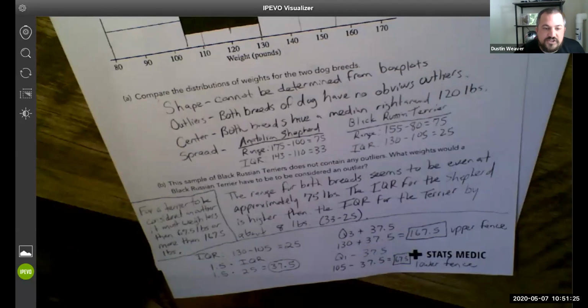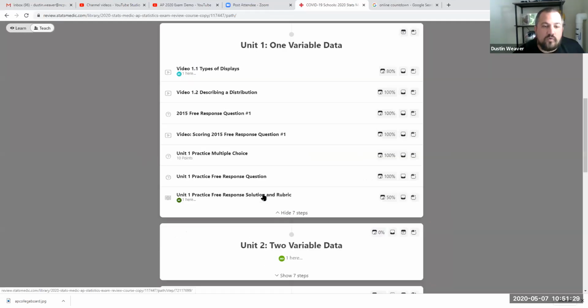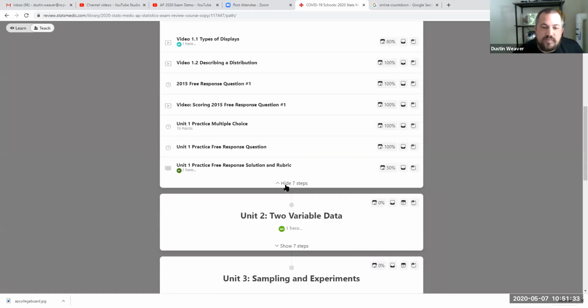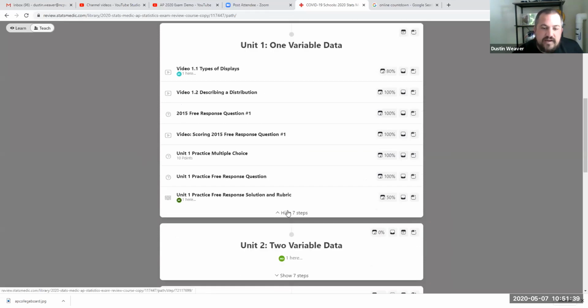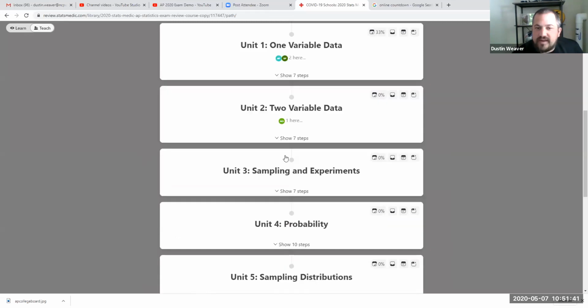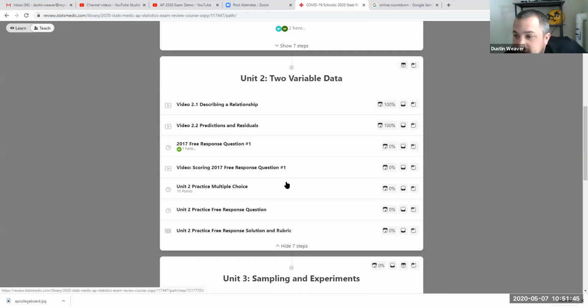If I go back and share my screen, we have taken you all the way through Unit 1. We did our solution and talked about that. So I've taken you all the way through Unit 1, which is 1 variable data. So our next step when we come back here tomorrow, on Friday and Monday, our next 2 days are going to be spent on Unit 2, which is 2 variable data.